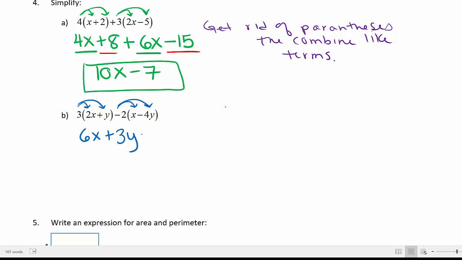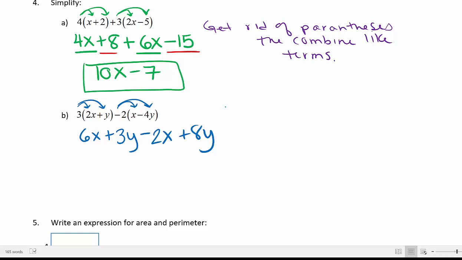So minus 2 times x, and then minus 2 times minus 4y should be a plus 8y. Again, notice that the signs change when you distribute a negative number. The other thing that I'm doing here is I'm always thinking of that subtraction. I kind of think of it in my head as a negative sign that's attached to the number behind it.